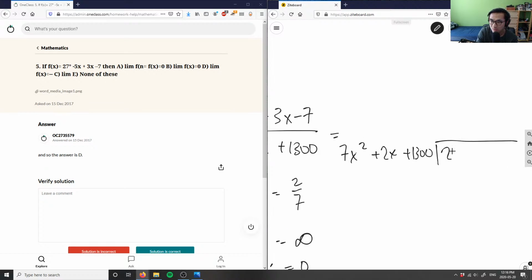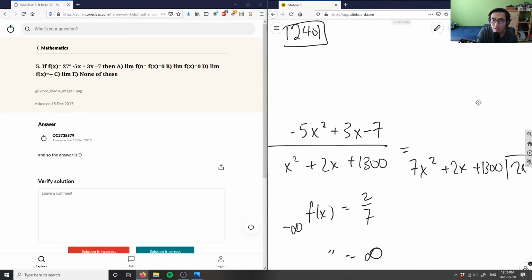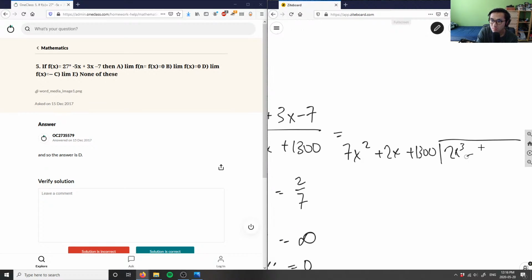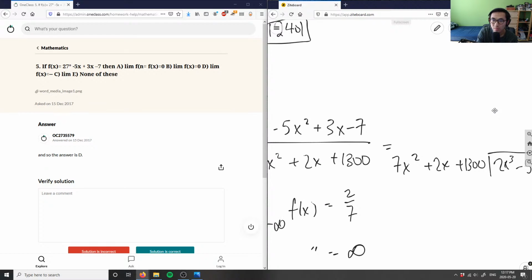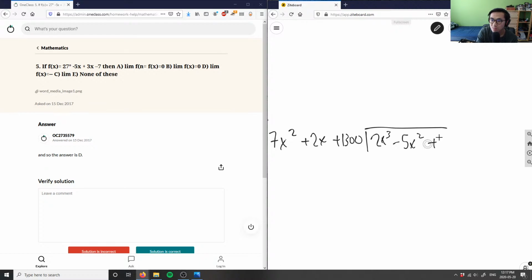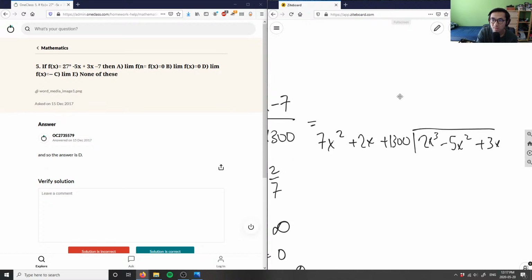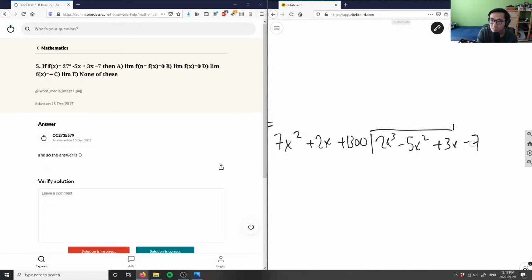So it's 2x cubed minus 5x squared plus 3x minus 7. So we're using this concept of long division. So let's see. We want 7 here.